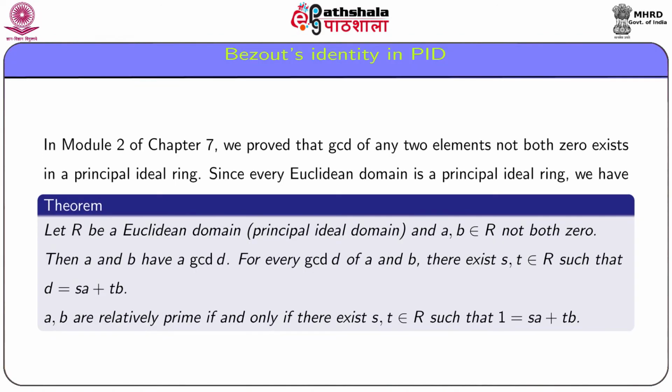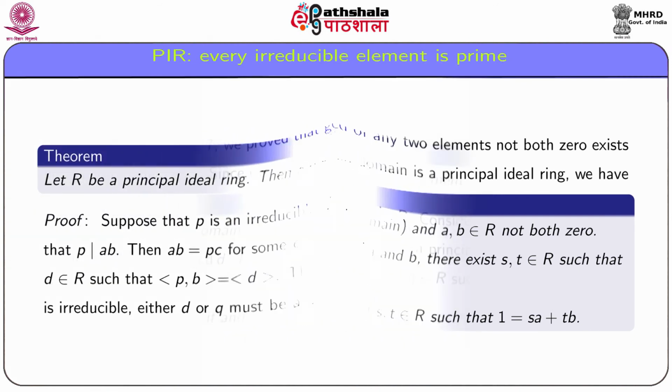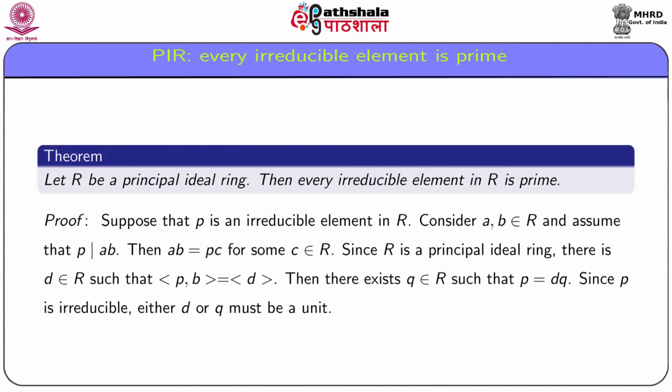So formally we can state that suppose R is a Euclidean domain or a principal ideal domain, and a, b are two elements of R not both 0, then a and b have a GCD d in R, and for every GCD d of a and b there exist s, t in R such that d equal to s a plus t b. And also we have a, b are relatively prime if and only if there exist s, t in R such that 1 can be expressed as s a plus t b. Now we show that if R is a principal ideal ring, then every irreducible element in R is prime.